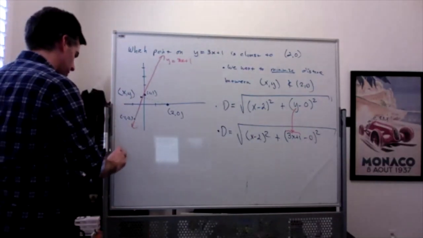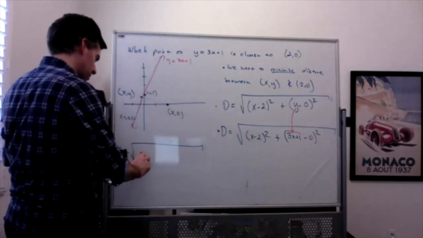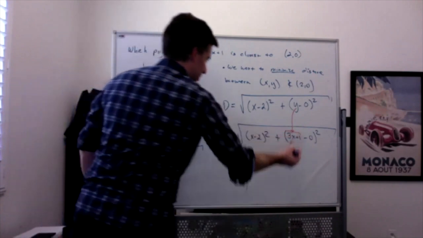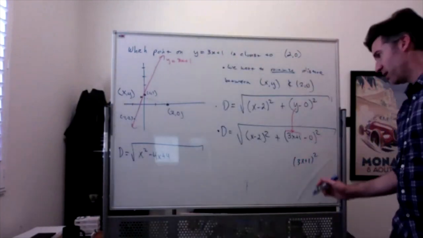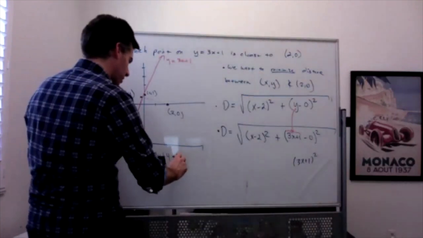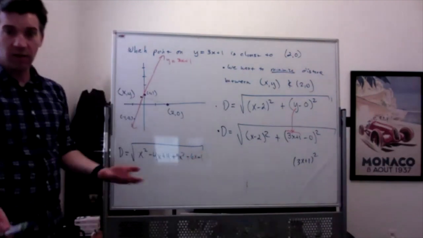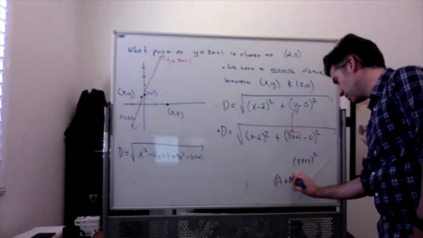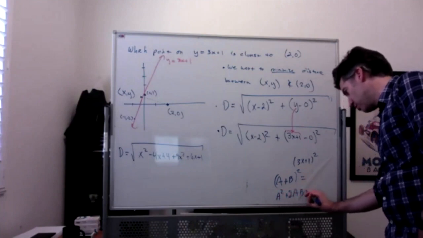So distance is equal to the square root of, so x minus 2 squared is x squared minus 4x plus 4. And 3x plus 1 squared is going to be 9x squared plus 6x plus 1. I feel like that's right. All I'm doing is foiling it out using the pattern that a plus b squared is a squared plus 2ab plus b squared.